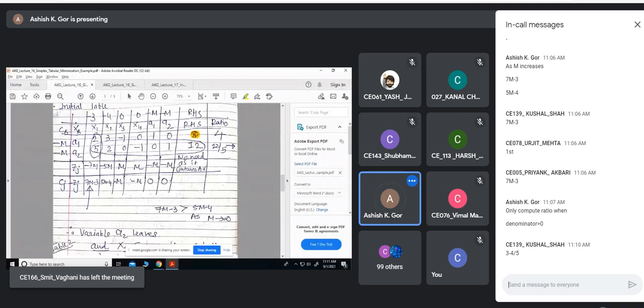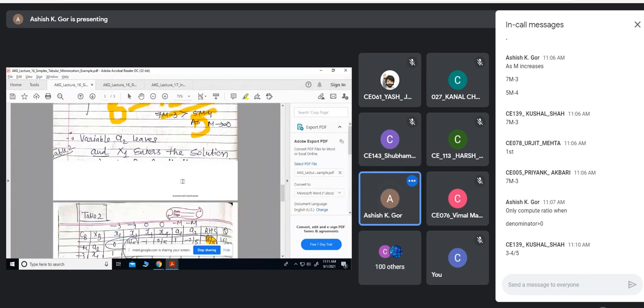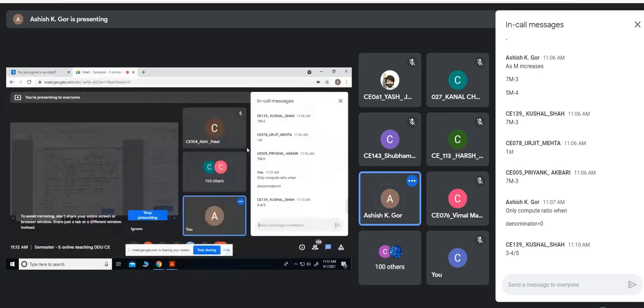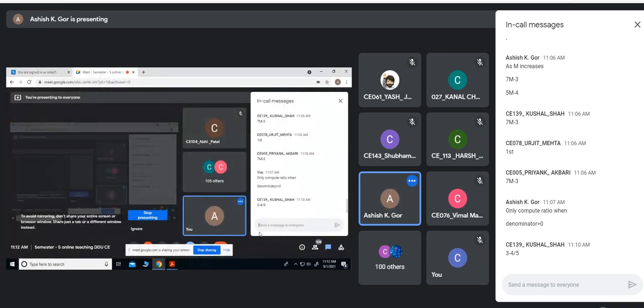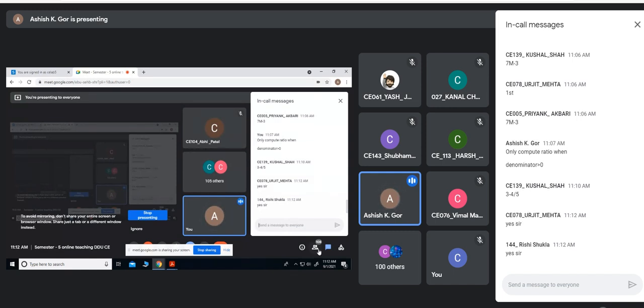It's 8. 8 is the old value minus 12 into 2 divided by 5, which means 8 minus 24 by 5, which is 40 minus 24, 16 by 5, which comes here. So I'm not explaining everything again. I hope you can do this.